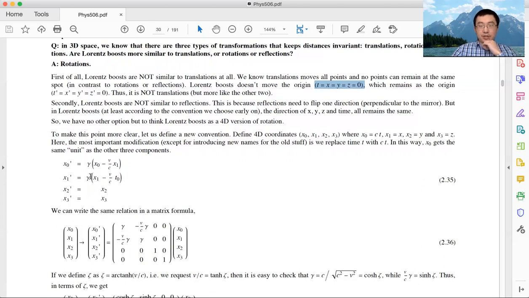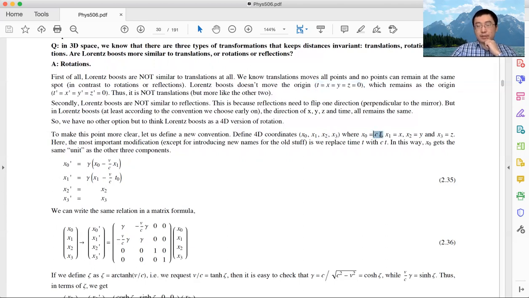So here, let me introduce a convention that we will frequently use in the rest of the semester. We will introduce a 4-dimensional coordinate x0, 1, 2, 3. So now instead of t, x, y, z, I will often use 0, 1, 2, 3. 0 means time, and more precisely, 0 means speed of light times time.